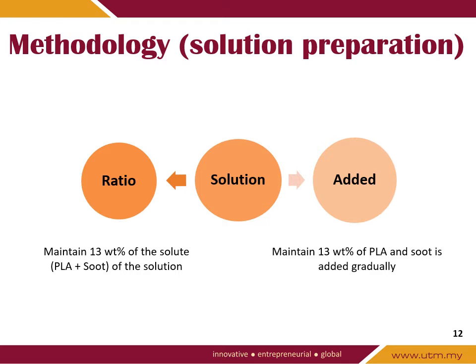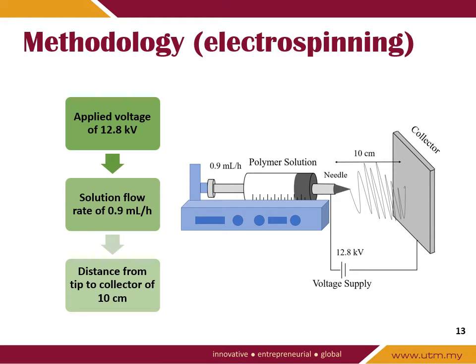The first is the ratio set, where we maintain 38% of solute in the solution. Second is the added set, where we maintain 38% of PLA and soot is gradually added. The solution is then electrospun at 12.8 kV with a flow rate of 0.9 ml per hour, and the distance from the tip to the collector is set at 10 cm.